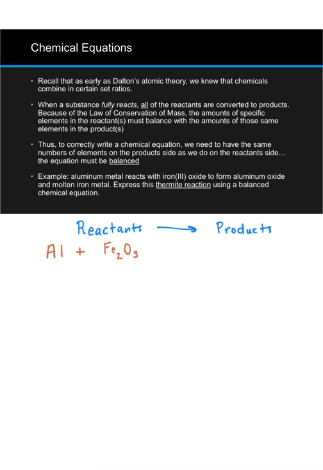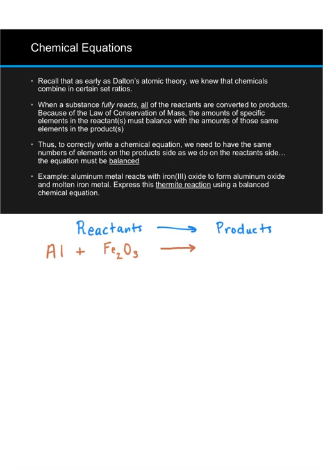Now, this reaction forms aluminum oxide and molten iron metal, two new substances that must be products of this reaction. So we'll depict that these things chemically transform with a reaction arrow, and we'll write products' formulas in the same way that we wrote reactants' formulas.